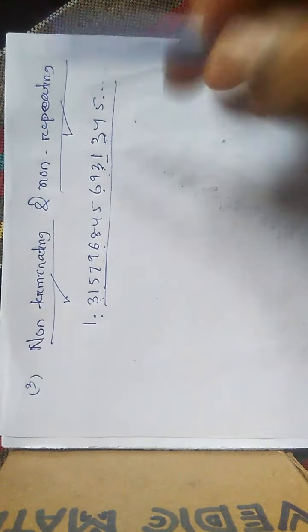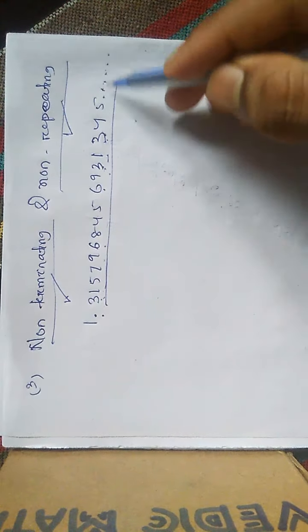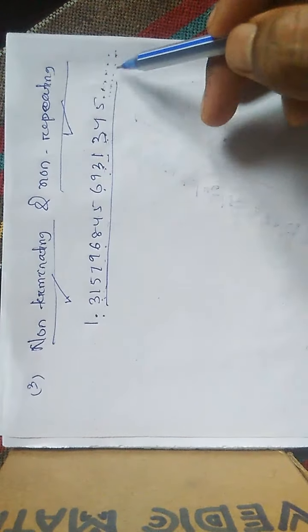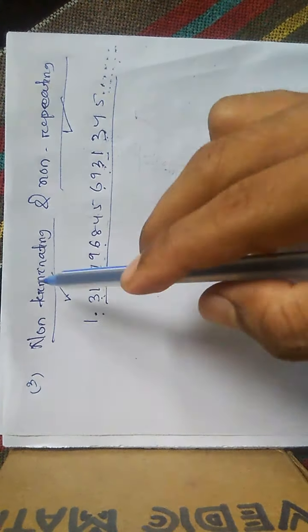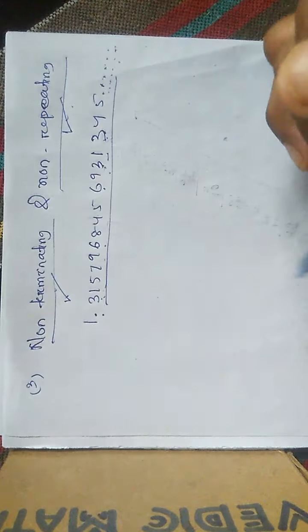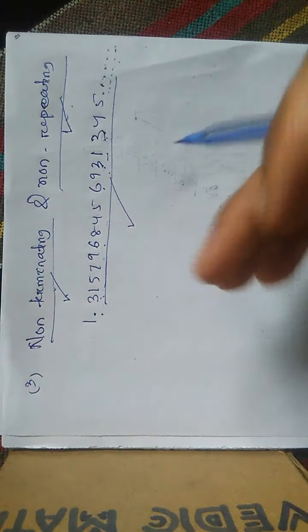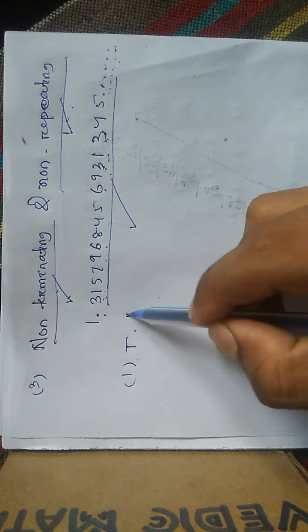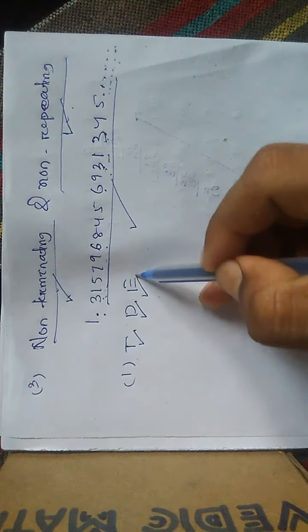So it is non-terminating, and again you get the dot dot dot terms, which means this decimal expansion does not stop. So it is a non-terminating and non-repeating decimal expansion. Out of the 3 decimal expansions you have studied, the first one is the terminating decimal expansion.